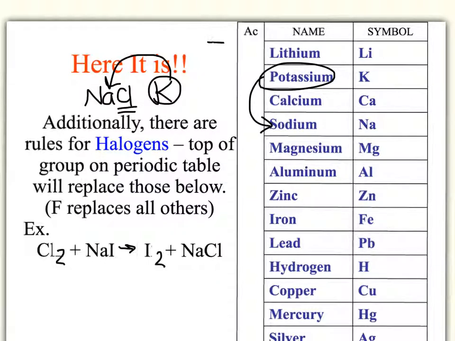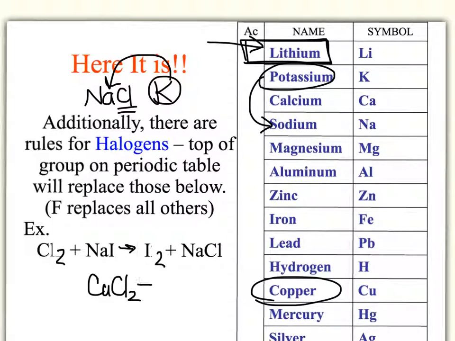So lithium's sort of like the hottest chick. She could steal anyone from anybody else. And on the other hand, copper would be not very attractive. So if you had copper chloride, for example, and lithium came in, lithium would definitely steal chlorine.